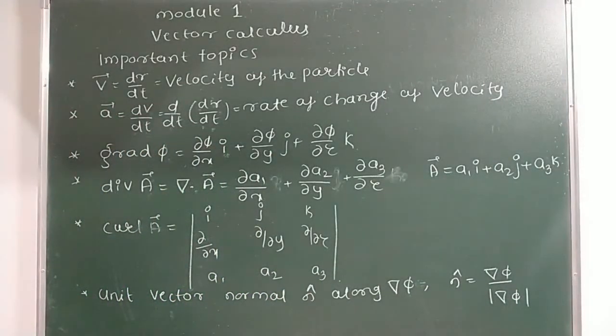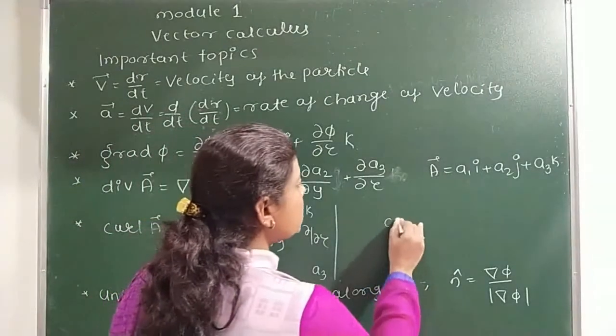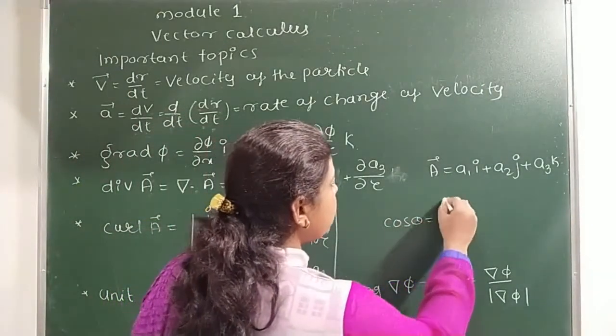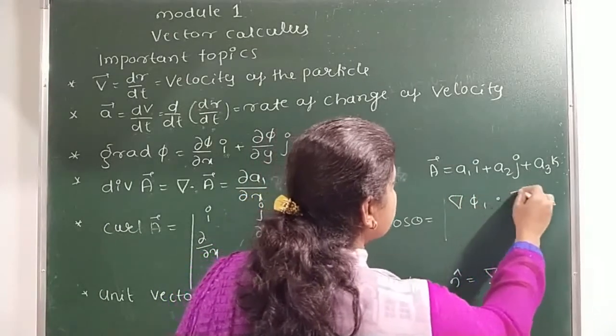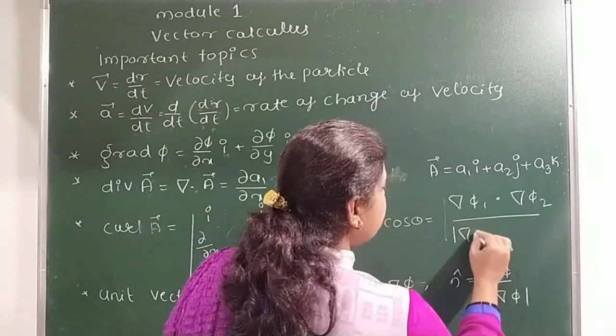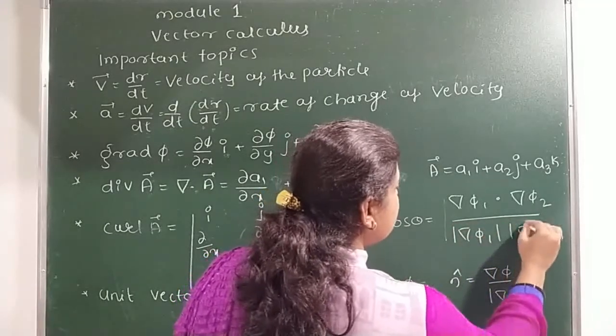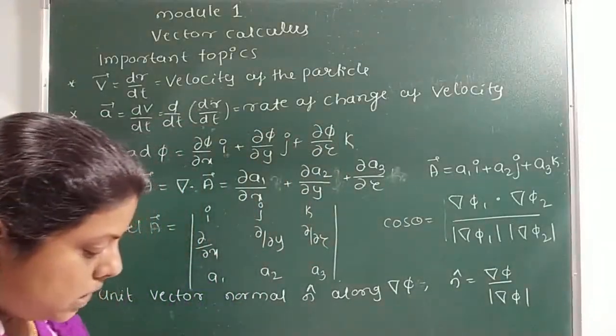The remaining term is the angle between two surfaces. The angle of two surfaces is cos theta equal to del phi1 dot del phi2 divided by mod del phi1 mod del phi2. This is the angle between the two surfaces.